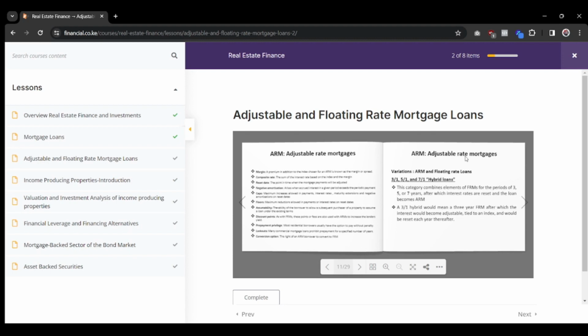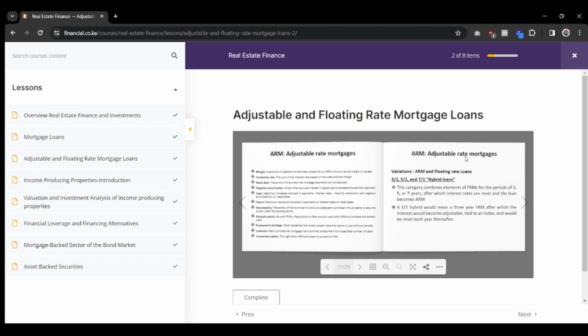There is a reset date. This is the point in time when the mortgage payments will be adjusted. There's negative amortization. This arises when accrued interest in a given period exceeds the period payment. There are caps.